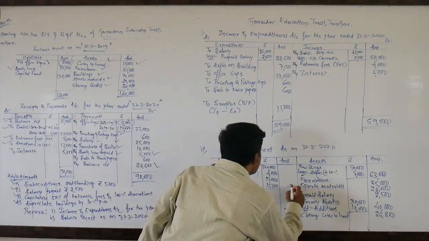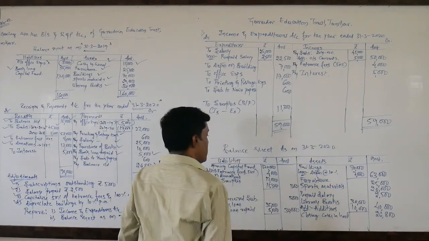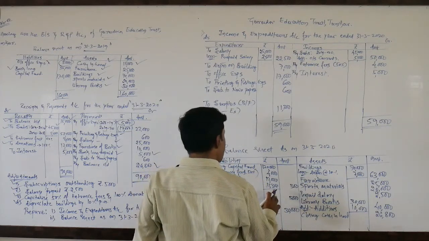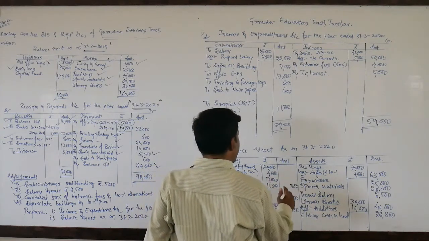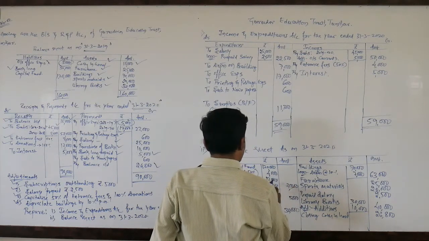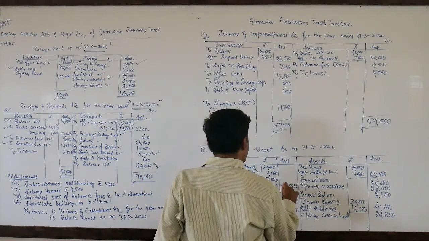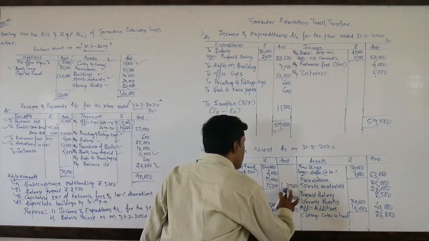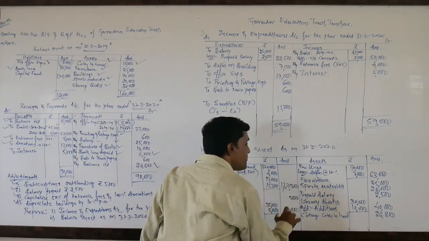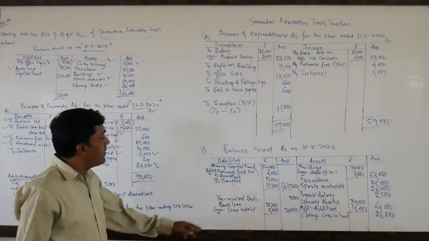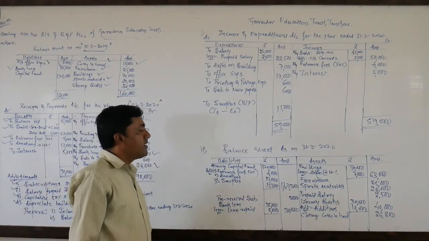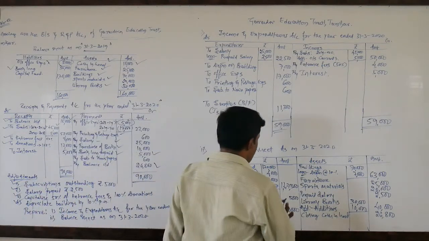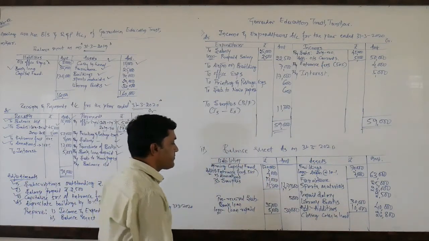Dear students, here I am doing it manually. I hope you all have a calculator right now. The total capital fund is rupees 1,47,300. Am I right? If it is right, just tell me okay.